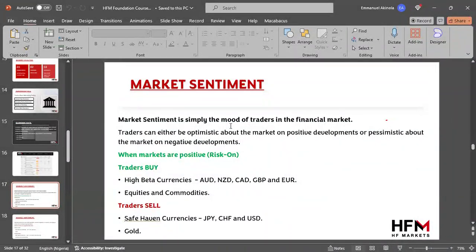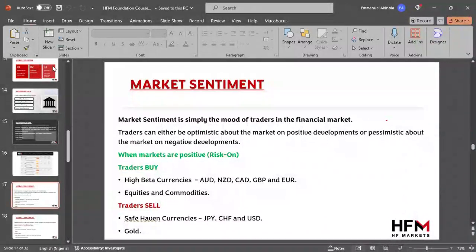All right. When market sentiment, when traders, when general market participants are actually positive, risk on, or negative, risk off, we also have influences on the US dollar. The US dollar serves its purpose as a reserve currency during negative or positive market sentiment.